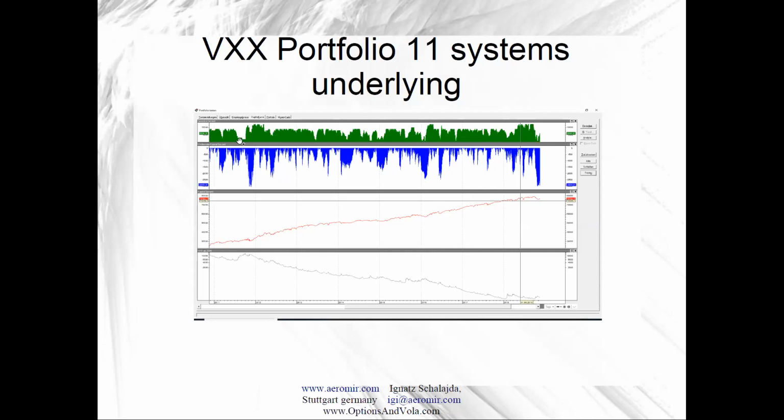Same here, for example, here it's going up, here only the Vola system is active. Here you have a time when it's going nearly sideways, and when it's going sideways, a lot of systems don't have a trend definition and don't trade anymore.